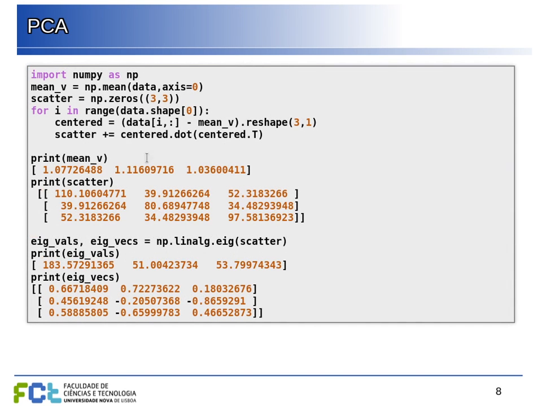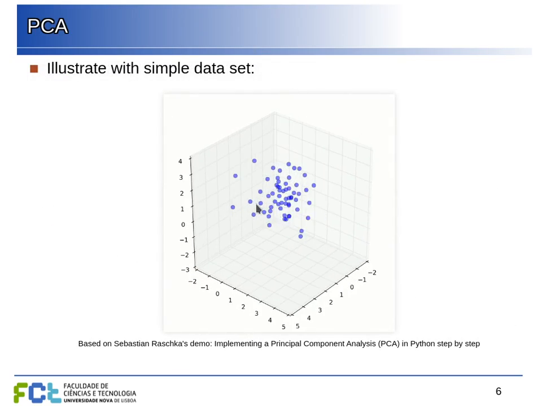This is easy to do with NumPy, because you can compute the mean point like this. If you have your data with the features, the coordinates in columns, and each element, each point in a row, when you compute the mean with an axis of 0, which is along the rows, you get a vector, in this case a vector with 3 coordinates that is the mean point of this cloud of points here.